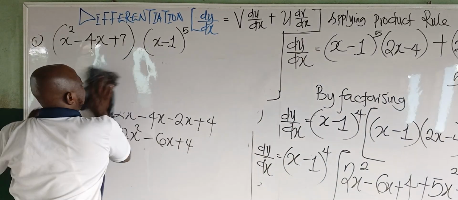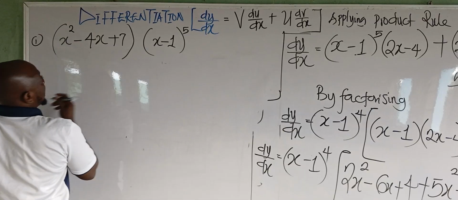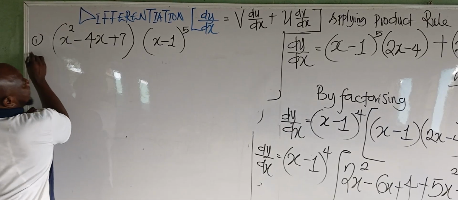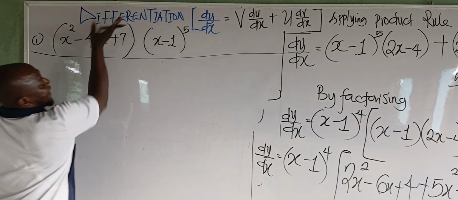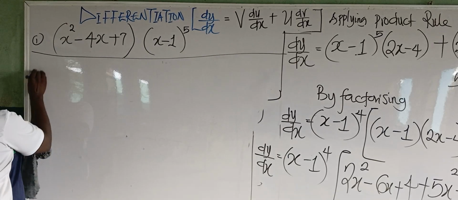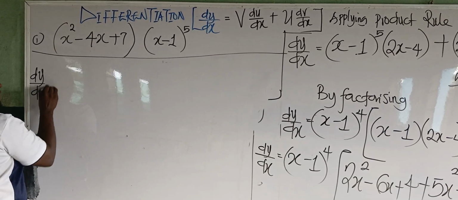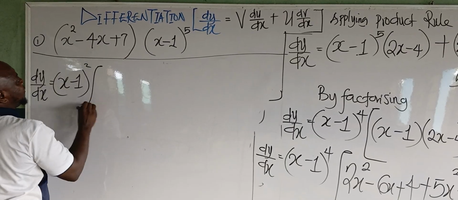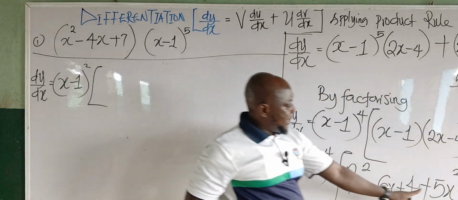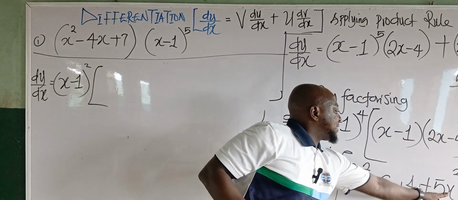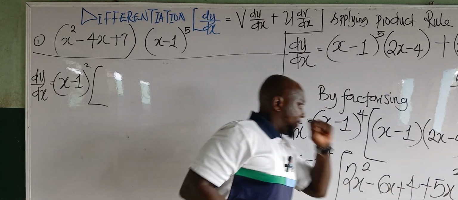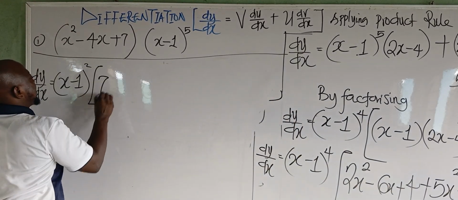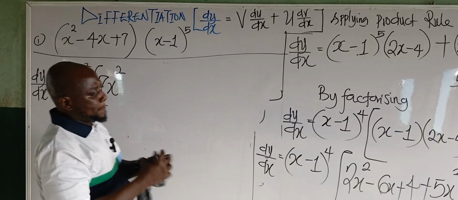Lastly, we are told that our final answer for this now becomes x minus 1 all raised to the power of 4 times bracket. This is having square, this is having square, so add them up, that's 2 plus 5, which will give us 7x squared.